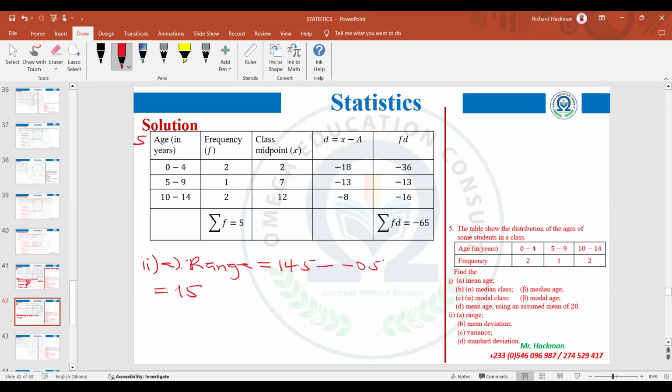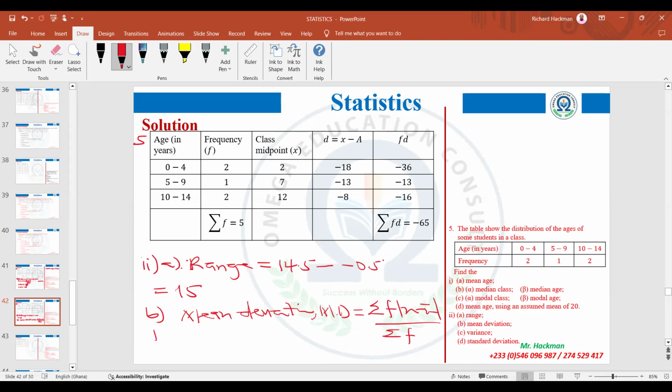Where the real work will begin is where we look at the mean deviation. We know MD, whether grouped or ungrouped, the formula will be the same: sigma F absolute value of X minus X bar, all over sigma F. So we need to find X minus X bar.